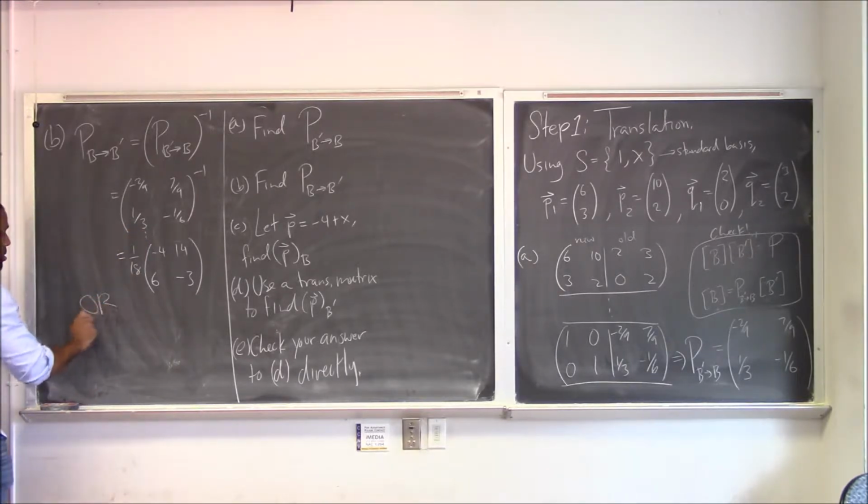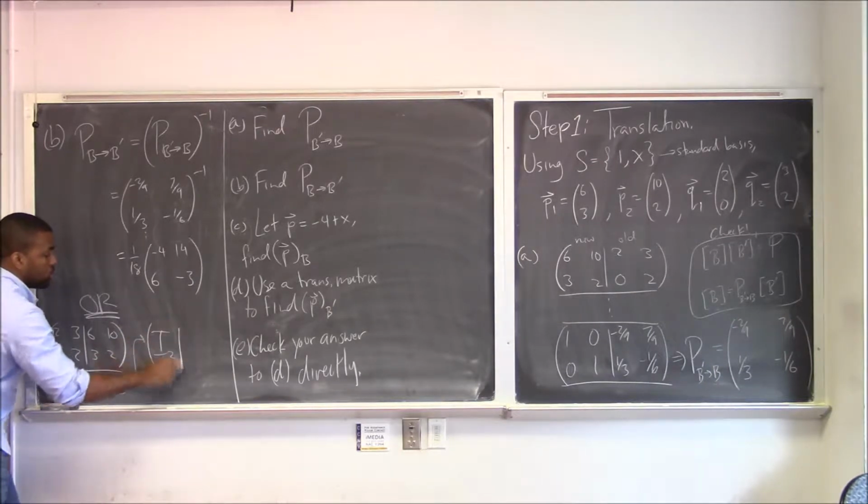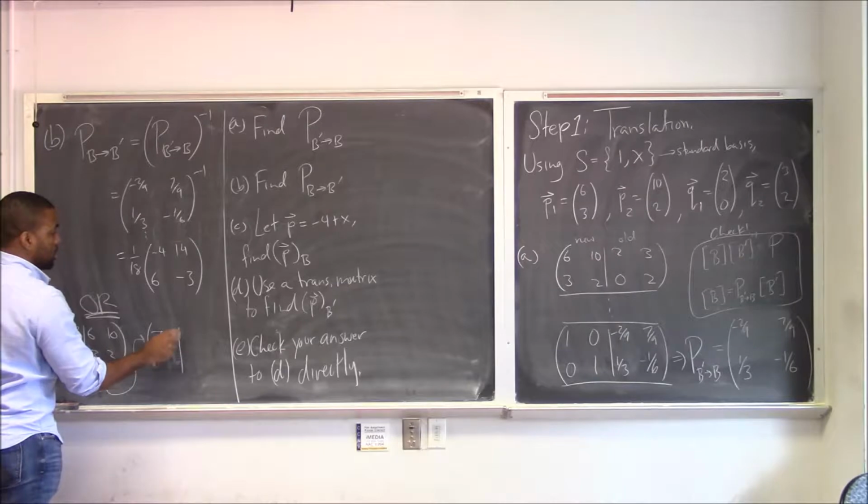Or you could set up this guy in the opposite way, 2, 3, 0, 2, 6, 10, 3, 2. You do your reduced echelon form, you'll end up with I2 here, and on this side you'd end up with that matrix.